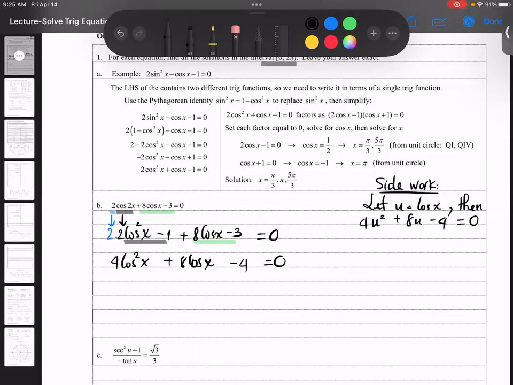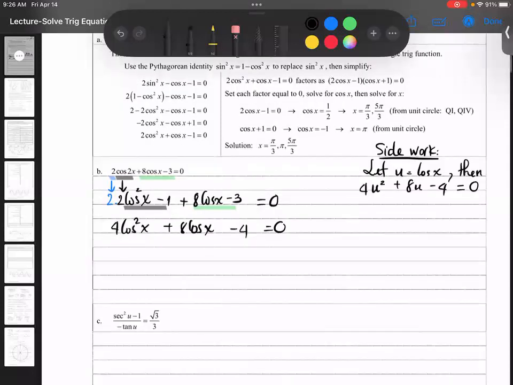Do you remember how to factor this? Using what method? If you're stuck and you don't want to factor, what do you use? The quadratic formula. So if you panic on the exam, thinking you forgot how to factor it, use the quadratic formula.